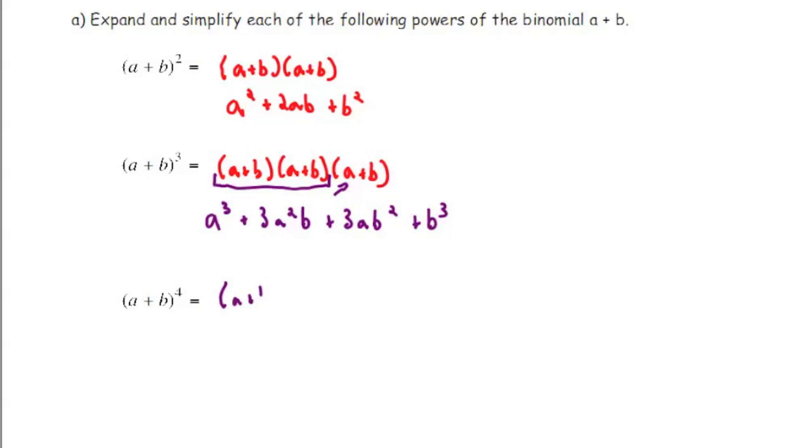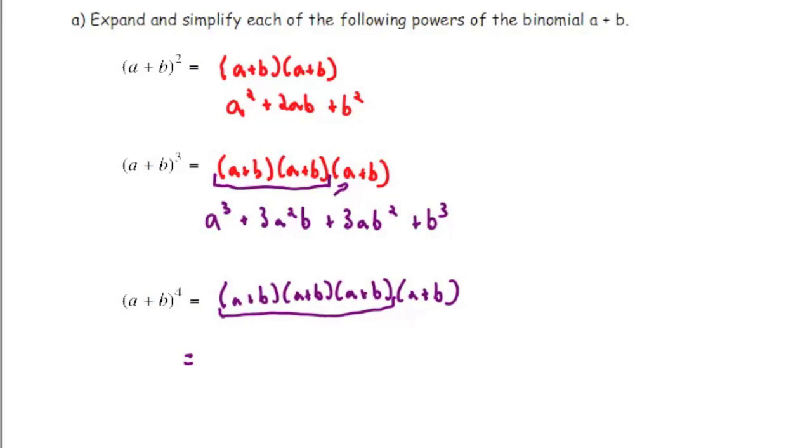Okay, again, most of you have probably done a couple of binomials that were cubed before. But what are we going to do about (a + b) to the power of 4? That is hideous, because that's equal to (a + b) times (a + b) times (a + b) times (a + b). I'm going to stop repeating myself, but there you go. So what?